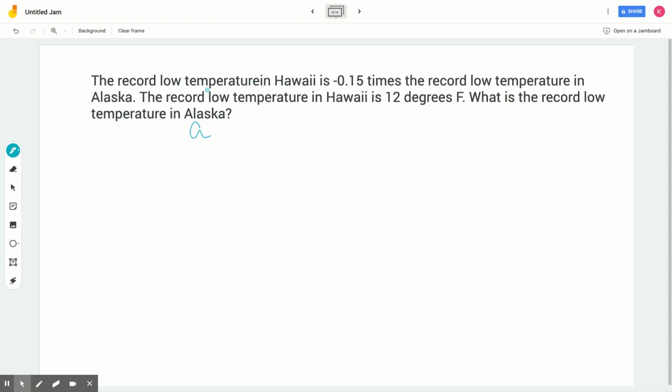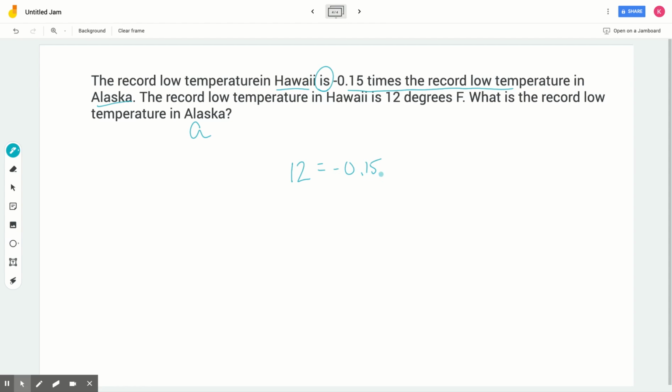So we know that the record low temperature in Hawaii is negative 0.15 times the temperature in Alaska. So what is the temperature in Hawaii? Well, the temperature in Hawaii is 12. Is our equal sign negative 0.15 times of Alaska.